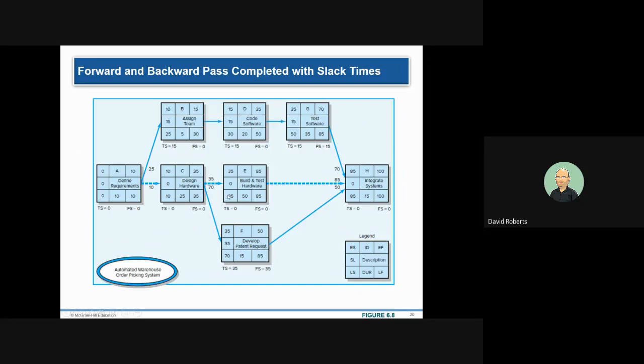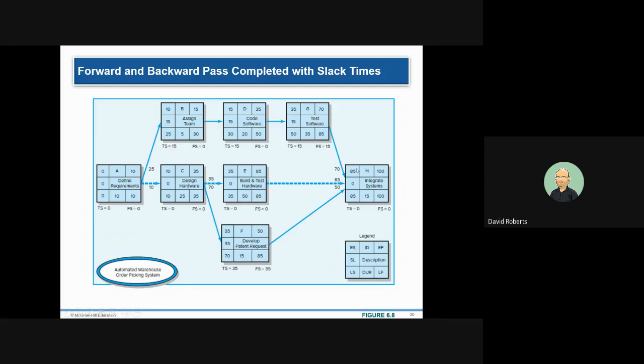So when you're moving backwards from E and F back to C, you take the smallest of the LS's. When you're moving forward, and in this case, the only time we have a merging going on is E and G. When you have a merging going on, you have 85 and 70, the top right-hand corner, the EFs. You take the largest number.